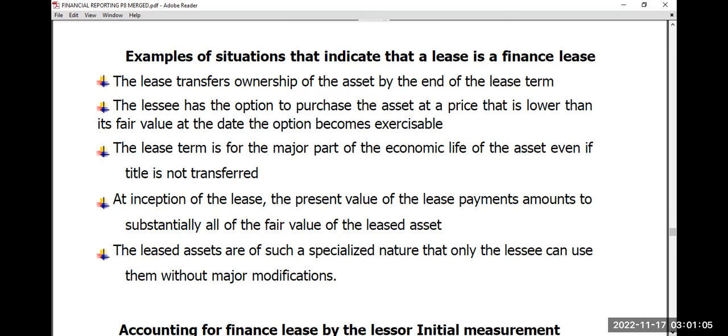the option becomes exercisable. What this means is that, let's say the leased asset has a useful life of 10 years and the lease term is for 8 years.